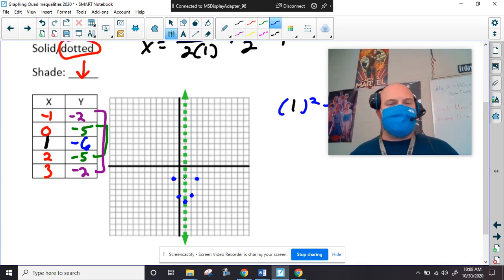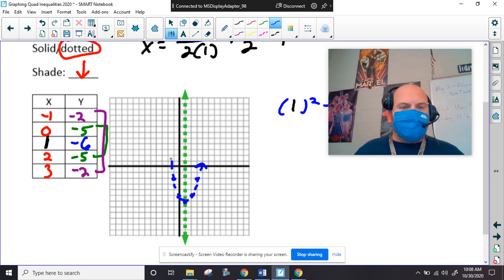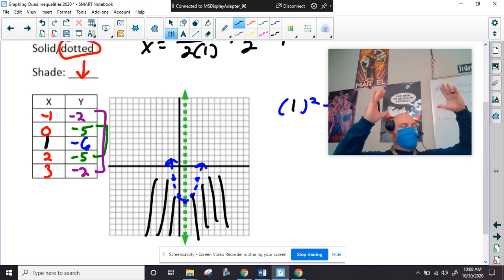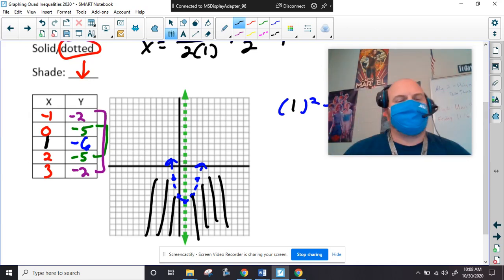All right, so this is a dotted line, so dot it, dot, dot, dot, dot, dot. And we shade below it, so basically everything below this right here.